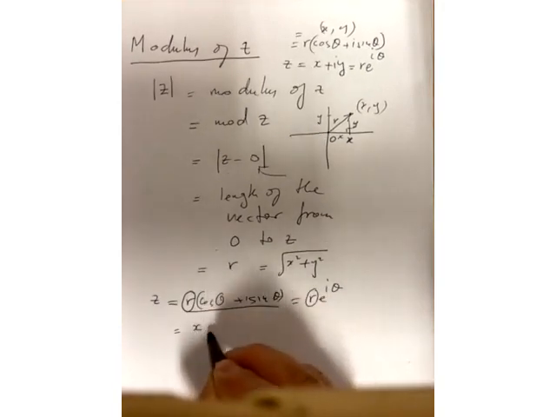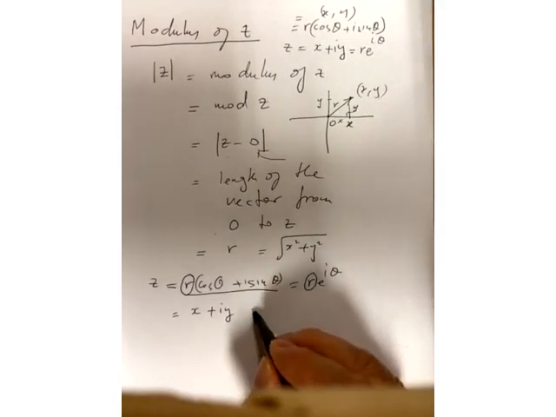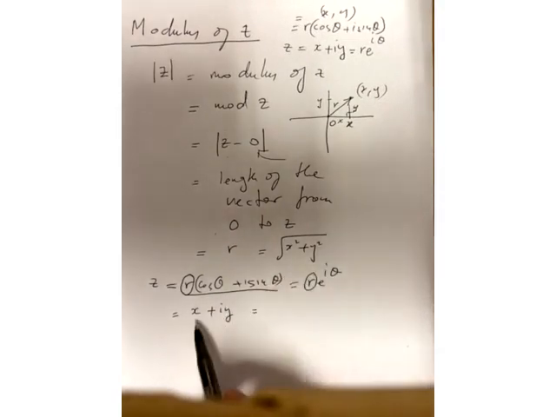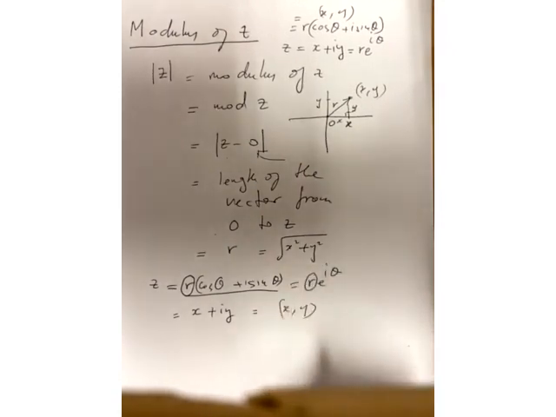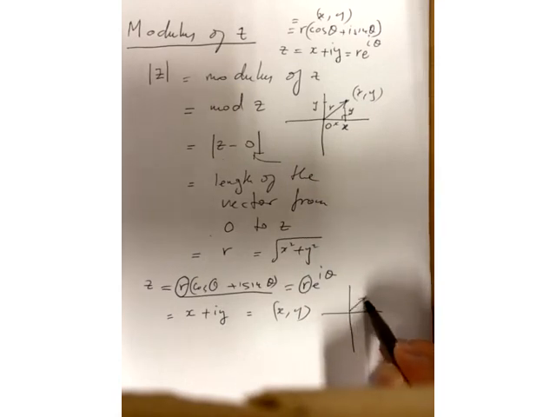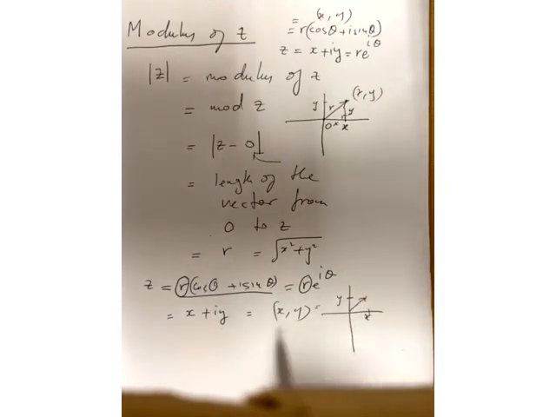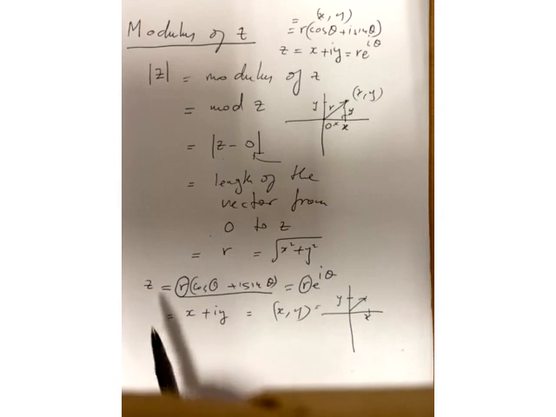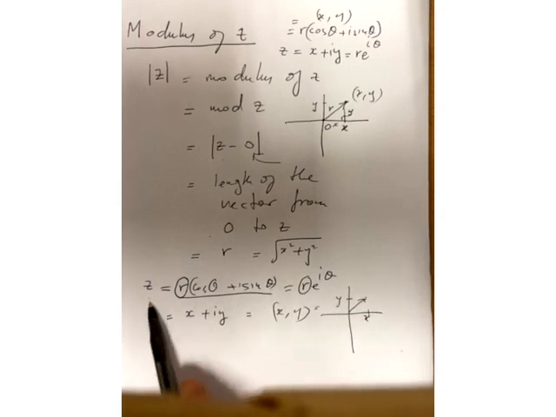In terms of Cartesian form or component form, then you have by definition the algebra, that's the real part, that's the imaginary part. In terms of point form, you got that. In terms of the vector form, you have to draw it before you can draw the vector. So a complex number can be represented by 1, 2, 3, 4, 5, 6 different ways.